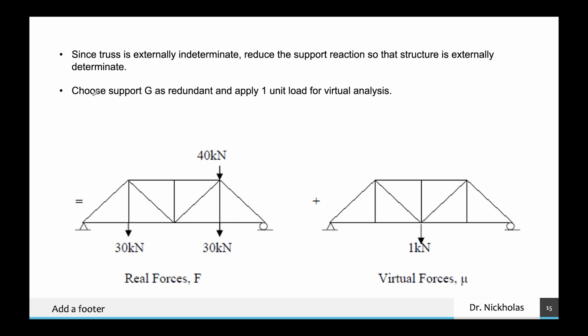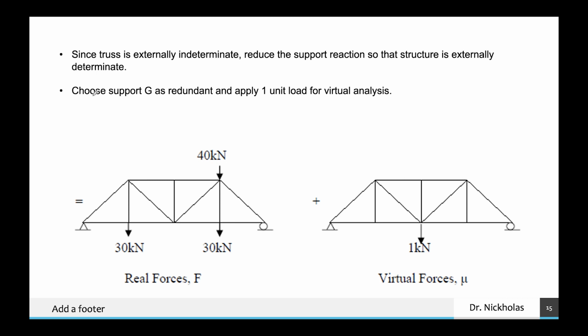We choose G and apply 1 unit load here, so we have a separate analysis for this. We analyze using the actual force by removing the external redundant reaction force, and we will find F prime for each of these members.